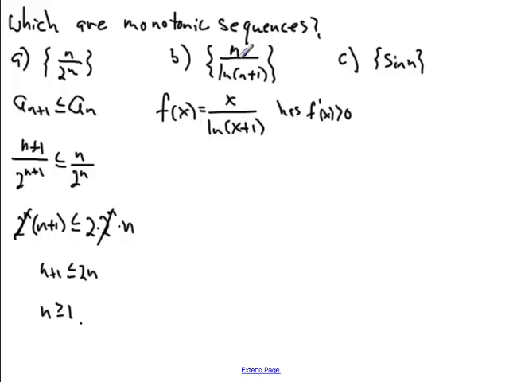Now, the reason I would go with that is because n grows much faster than natural log, and so I expect that this is going to be a monotonically increasing sequence, and therefore I want to show that the first derivative is positive. To compute the first derivative, simply apply the quotient rule. Bottom times derivative of the top, which is 1, minus derivative of the bottom, multiplied by the top, all of this divided by the bottom squared.